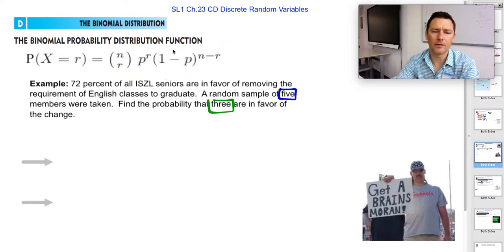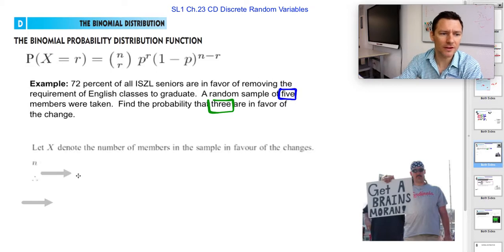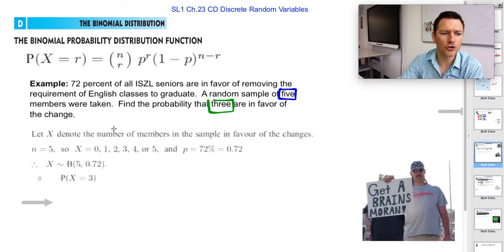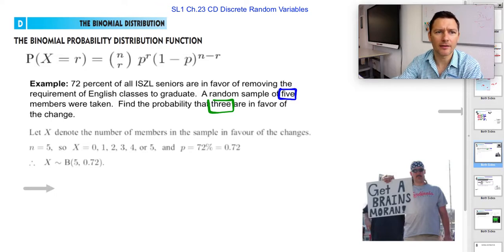If you want to look back in the notes about how this function comes about, you're welcome to, but this is the crash course, so we're just going to use this probability distribution function. So we can say this: our n should be 5 because we have only 5 people in the sample.